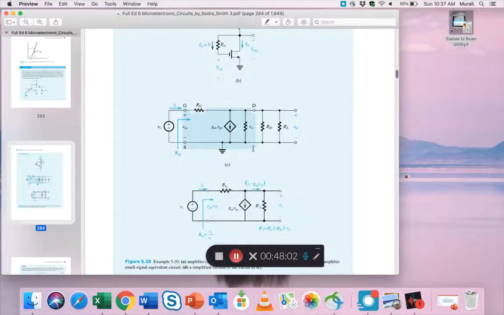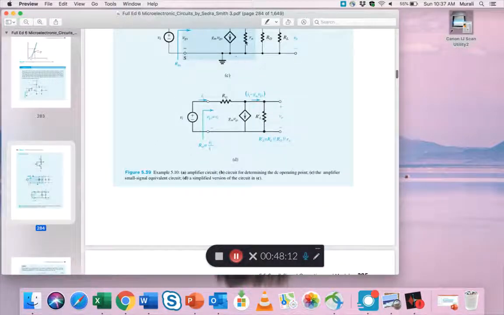So the signals are kind of blocked, we pretend that they don't exist. And then we put the small signal model here. And lastly, we simplify the small signal model to answer some questions.